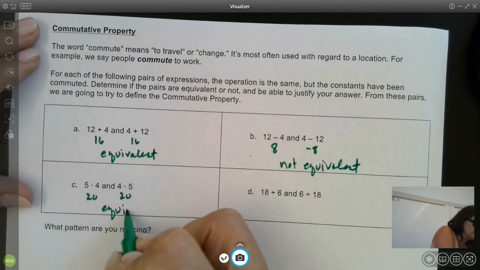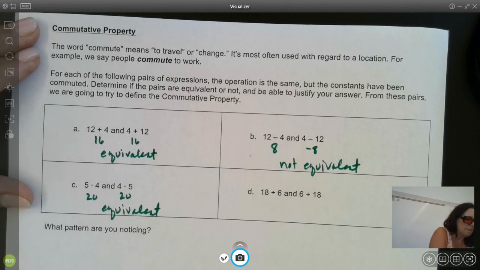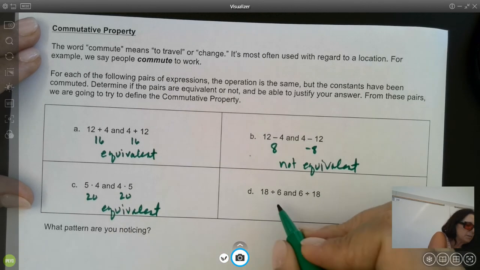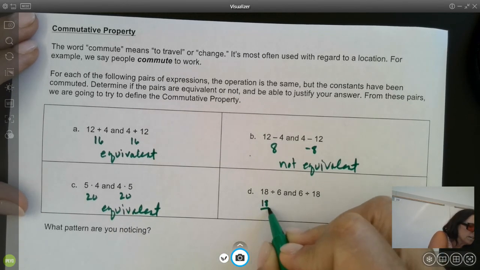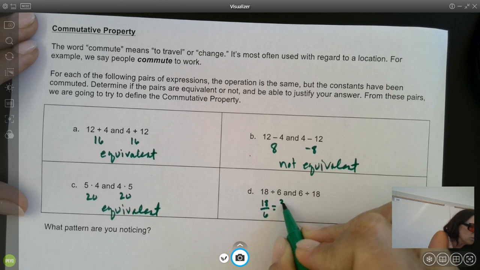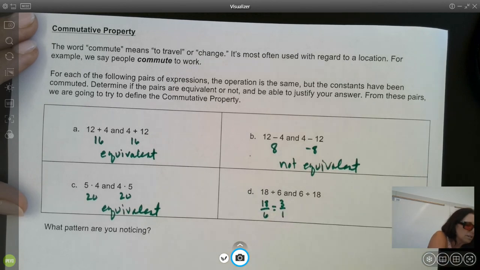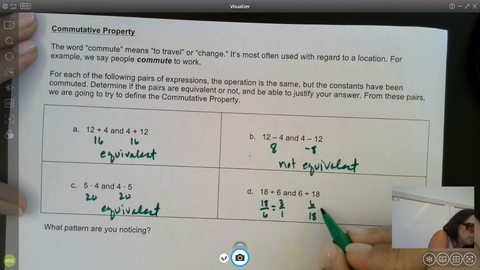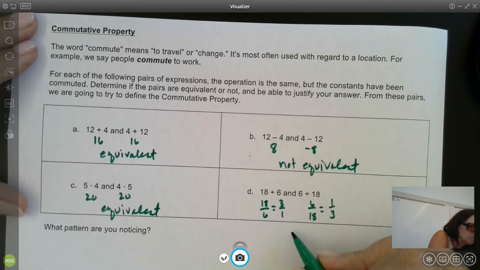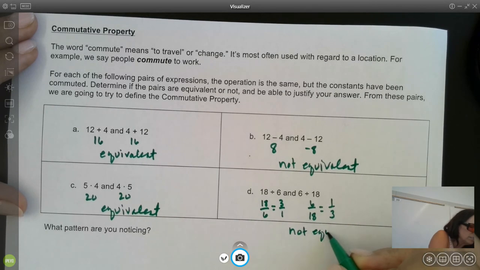These are equivalent. 18 divided by 6 is 3, or 3/1. 6 divided by 18 is 1/3. These are not equivalent.